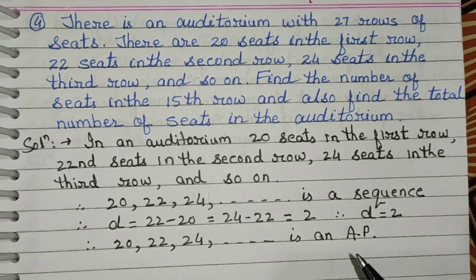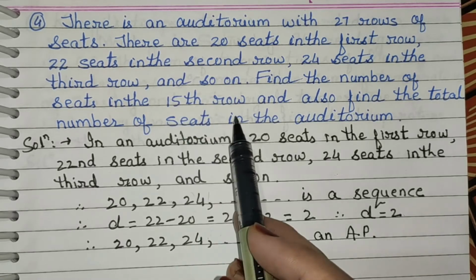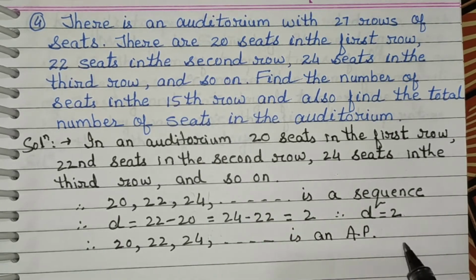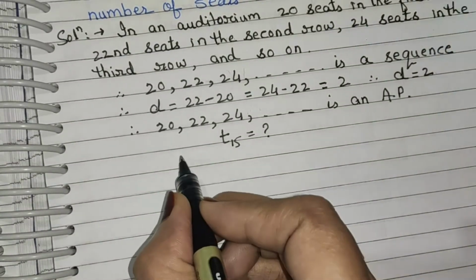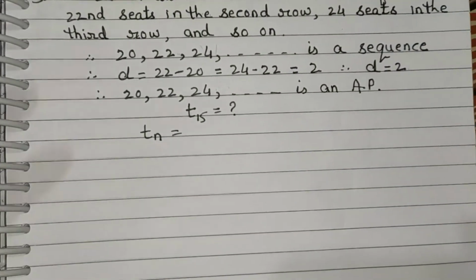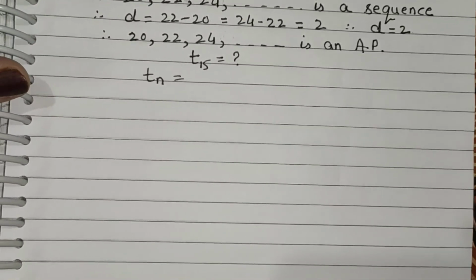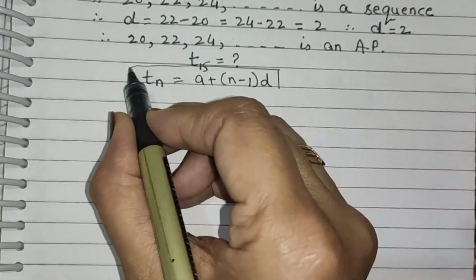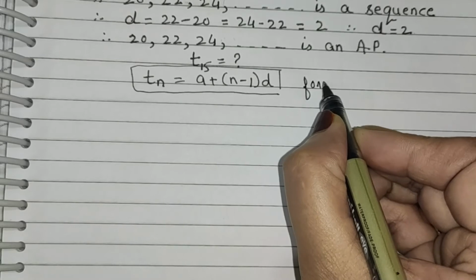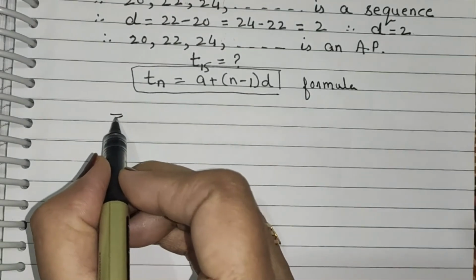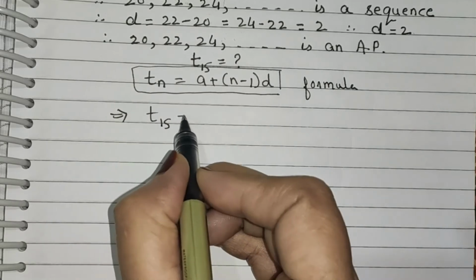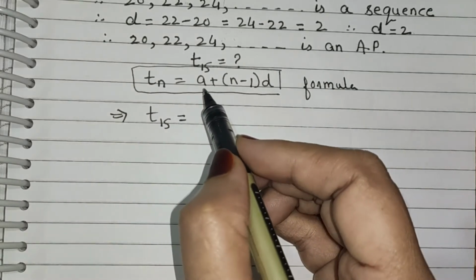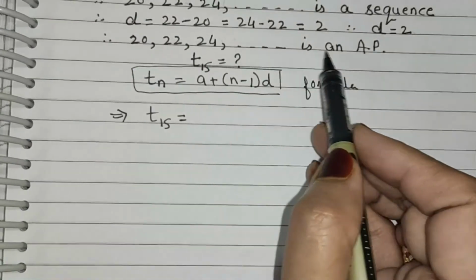Now we have to find the number of seats in the 15th row. That is, our aim is to find T15. Now by using formula Tn is equal to A plus n minus 1 into D. It is the formula. Now substituting all the values, we get T15. Now it is an AP.